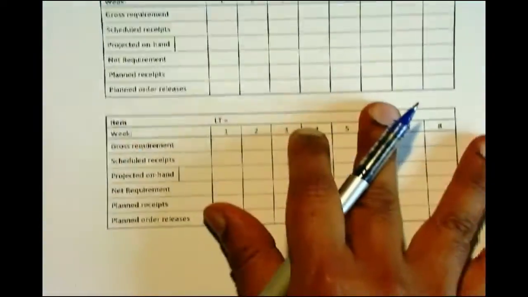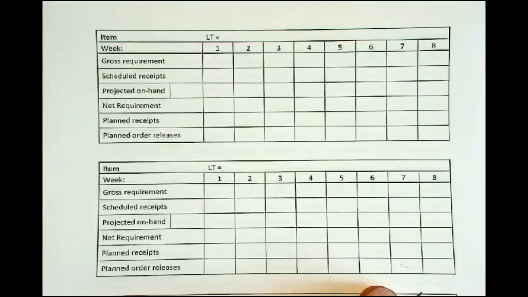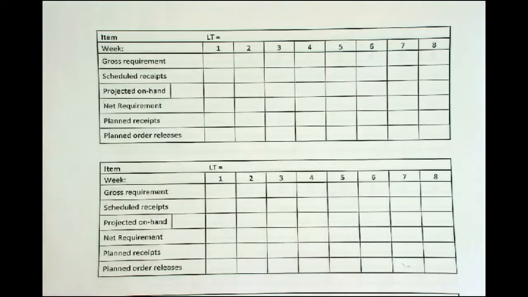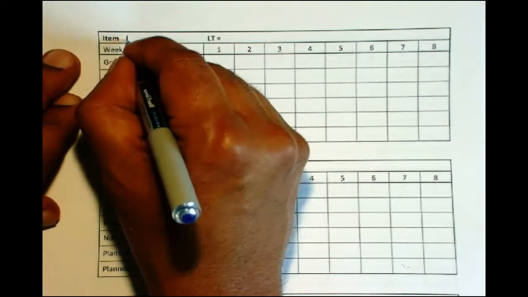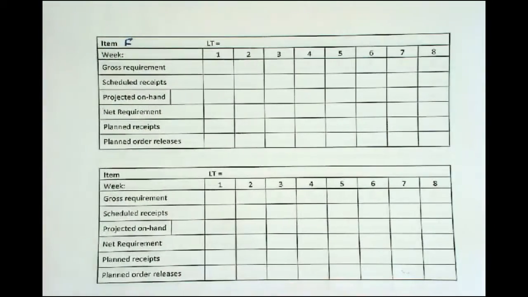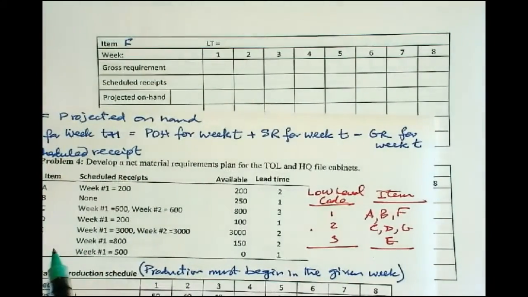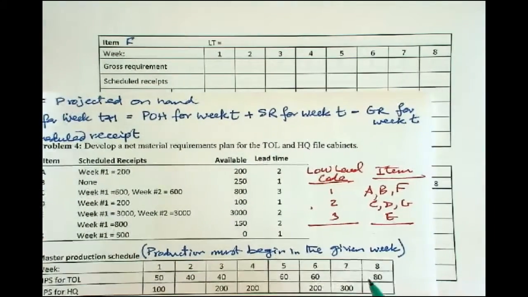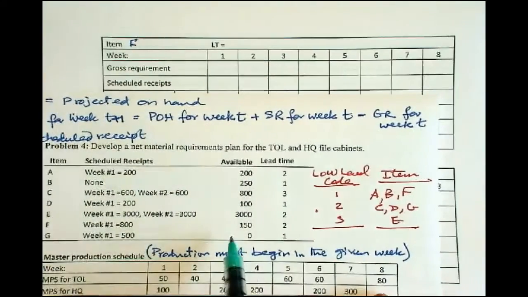Next item is F. So we have to move to the next page. Now the item is F. Again, we will fill out the given information for F. Lead time for F is 2 weeks.